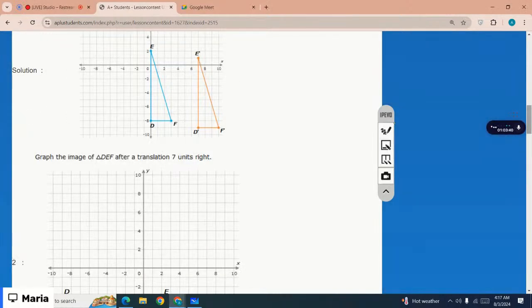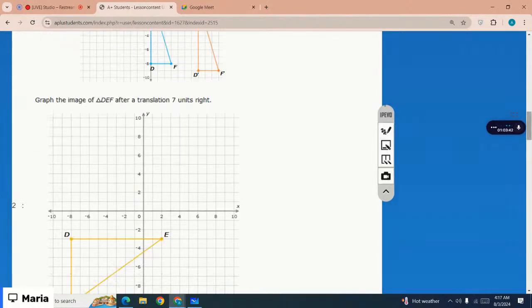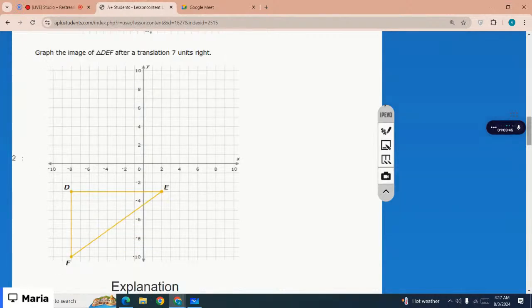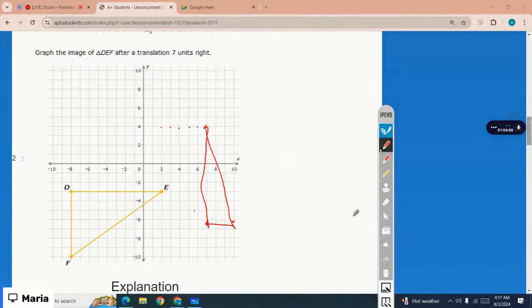Okay, the next one is graph the image of triangle DEF after a translation of 7 units right. You have to translate all the coordinates 7 units right. Start with E. 1, 2, 3, 4, 5, 6, 7. Here is E. And then D. 1, 2, 3, 4, 5, 6, 7.